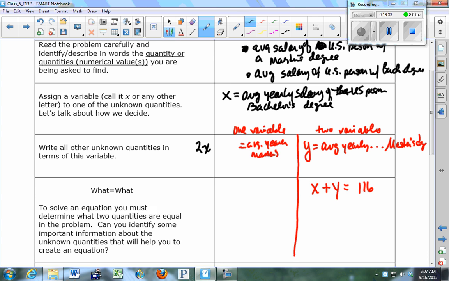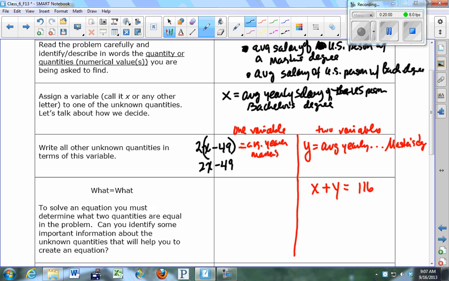Oh, so you think it's 2 parentheses X minus 49. Interesting. So do I first subtract the 49,000 and then double it? Well, the only way we're going to find out is let's try solving the problem with these two things and see if our answer makes sense. So we're not quite sure. Is it this or is it this?